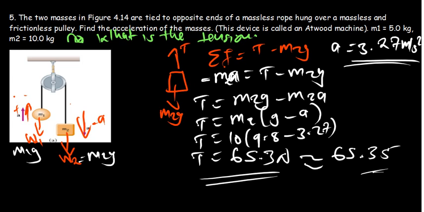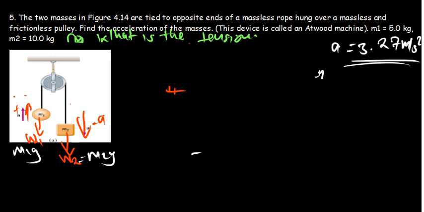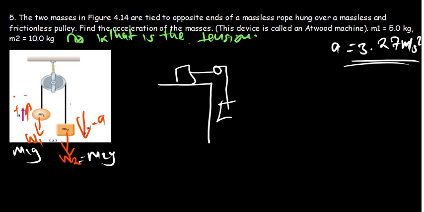Okay, but there's another type of pulley system I explained in my video. You can check it out and you're going to see how we solve that one. Maybe you don't know it. I'm talking about this kind of pulley system. They can ask you to calculate the acceleration and the tension.